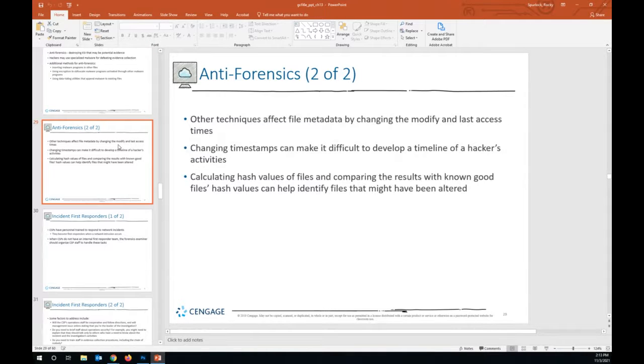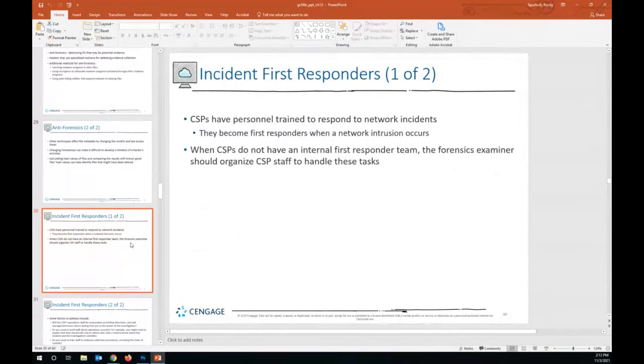Hackers may also change the timestamps to make it difficult to develop a timeline of the hacker's activity, among other things that the hacker may try to defeat your forensics.